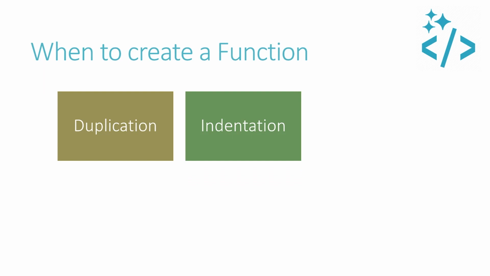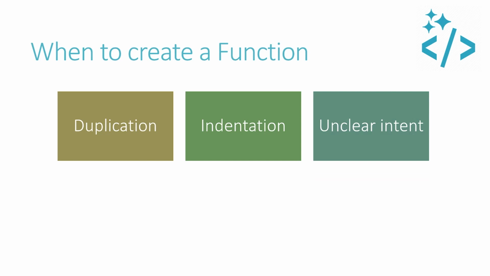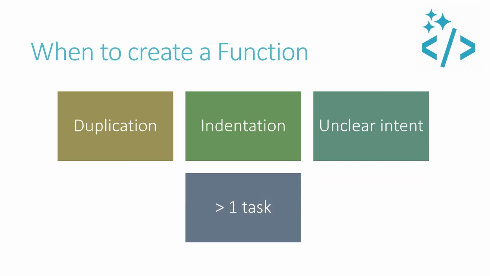So we have a lot of if or switch statements, and we want to make it more clear what specific part of our code does, and we can extract the code into a method. And of course, if something is doing more than one task, then we should create a specific and separate function for each functionality.